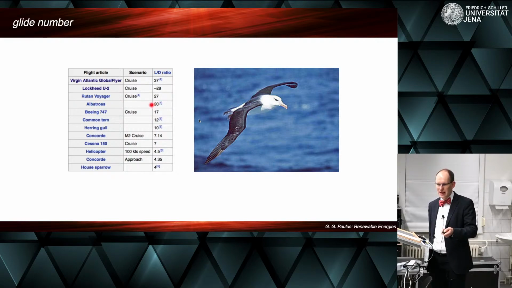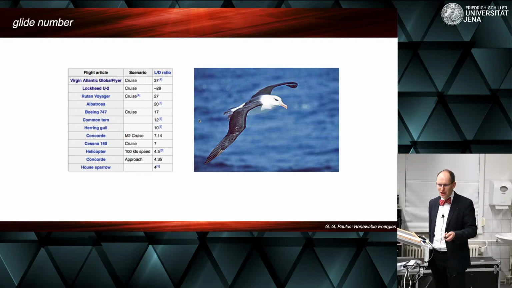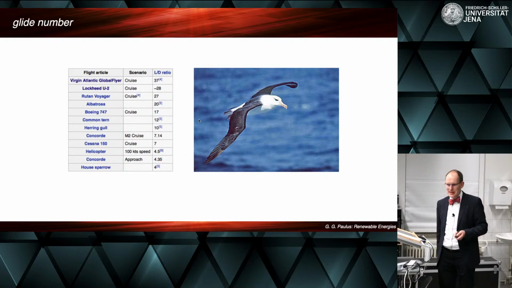Yeah, so a glide number of 20, quite remarkable. If you compare it to the house sparrow, der gewöhnliche Hausspatz, Sperling, which has just a glide number of 4, not far from the Concorde when it approaches the airport. You know, the supersonic airplane.